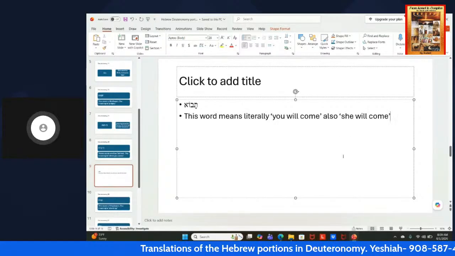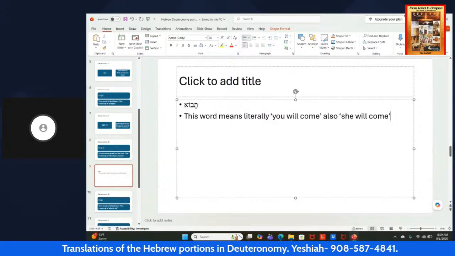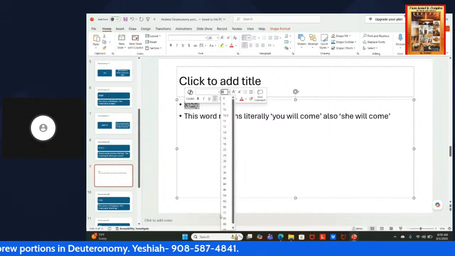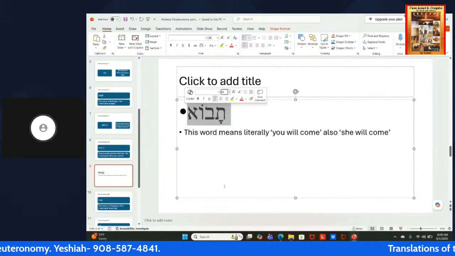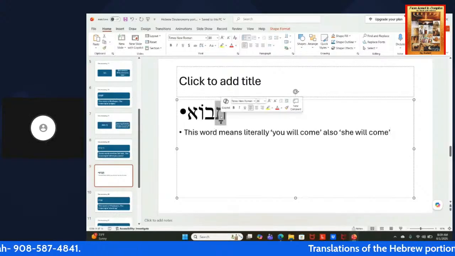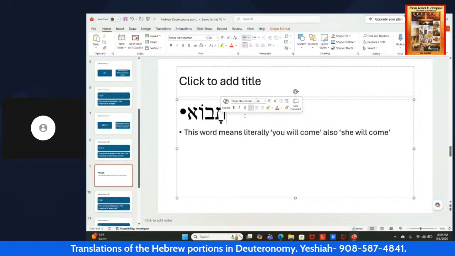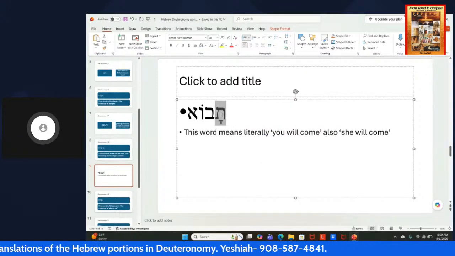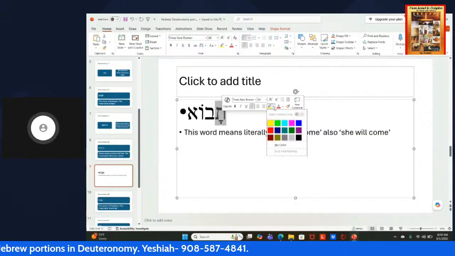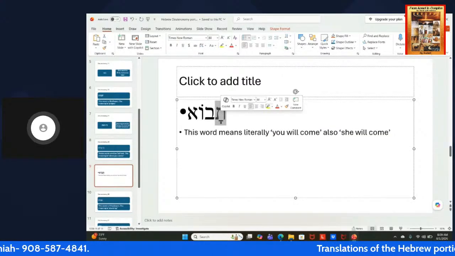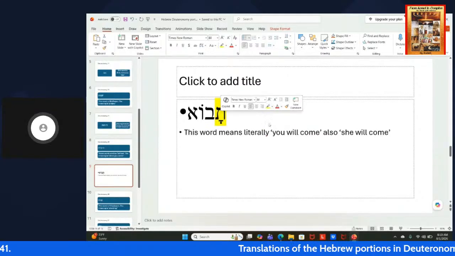Now, when we look at this here, what are we seeing? This word here, if we were to now enlarge it, this tau is a feminine letter. In Hebrew, the second person masculine, which means you, is also the third person feminine, she.